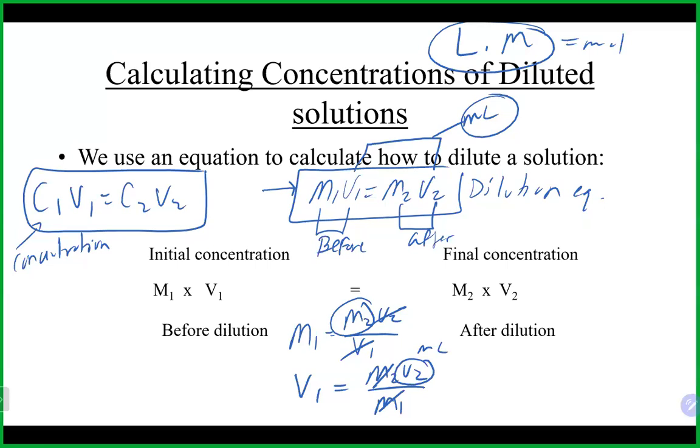So we talked about percent mass to mass, percent mass to volume, percent volume to volume. You could actually throw those into this equation and it'll work out just fine. So you can use it for any concentration unit. But since molarity is probably the most common unit of concentration, most people roll with the M1V1 equals M2V2. And again, you can do it either way.